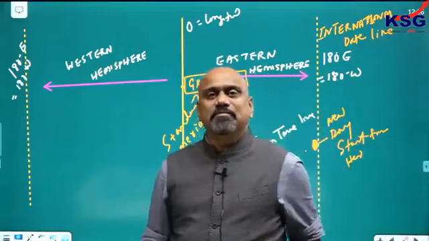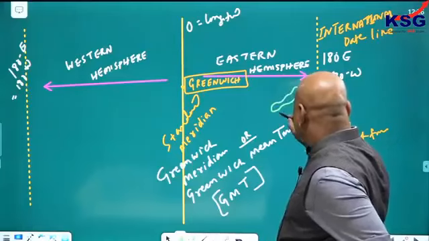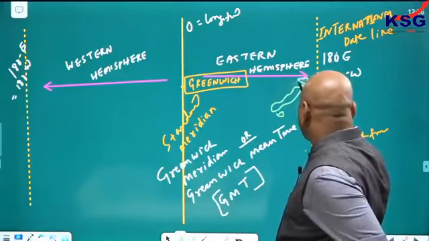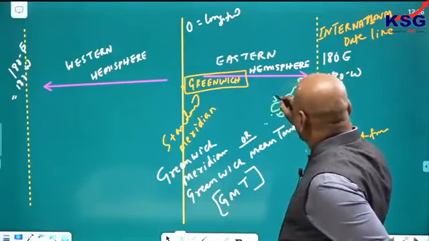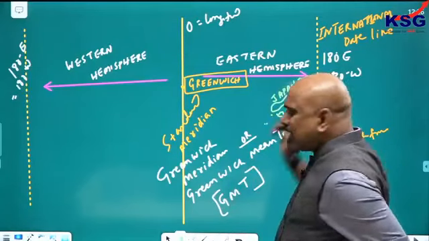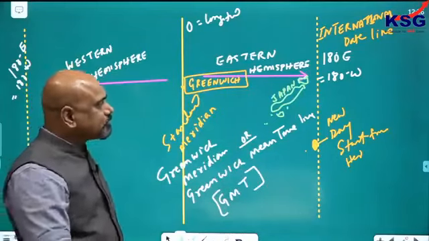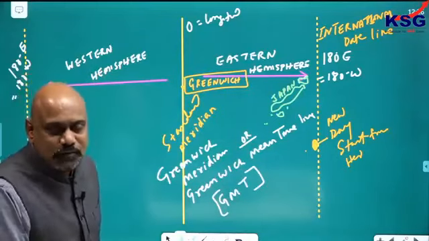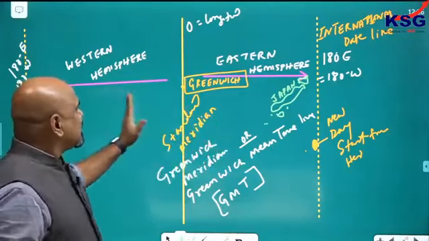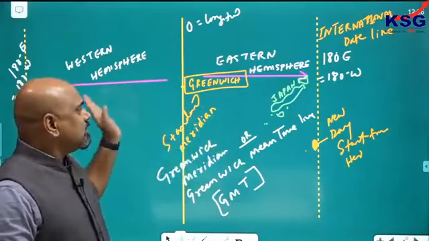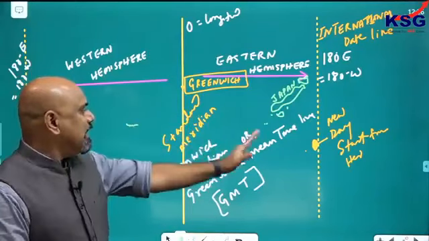So when you are going this way, the day started here. The country of rising sun is Japan. Japan is here, and because of this Japan is known as the country of rising sun. Right. So as from 180 degree east you come toward this side, the time will decrease. This side you have ahead, this side you have behind.